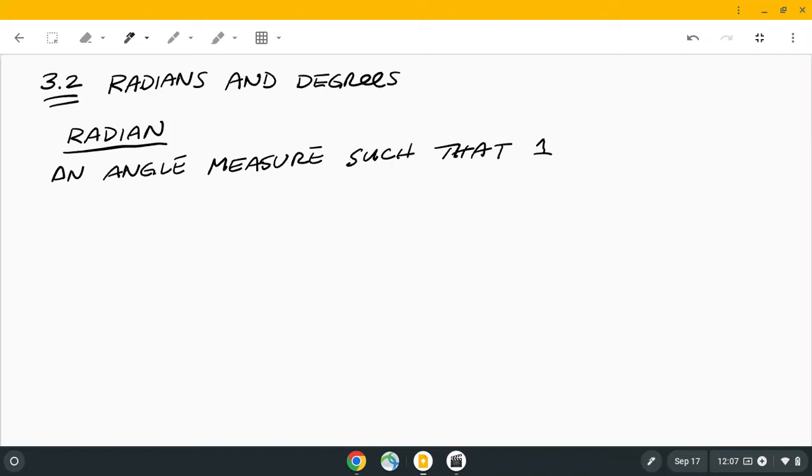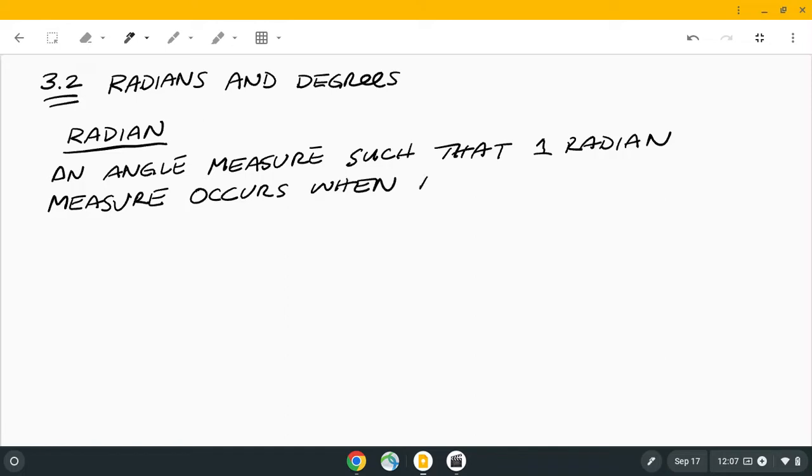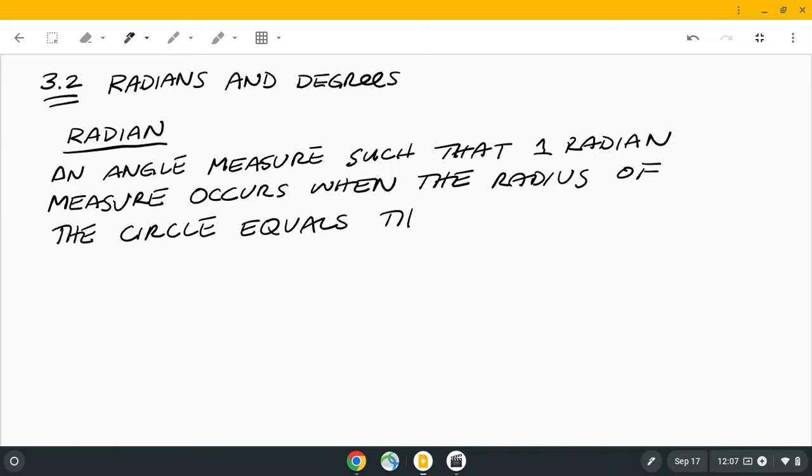I'm going to write my 1 like that so it doesn't look like an I. Such that 1 radian measure occurs when the radius of the circle equals the arc length. And I'll draw a picture of this so that you can see what's happening here.